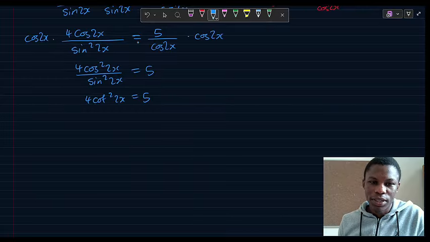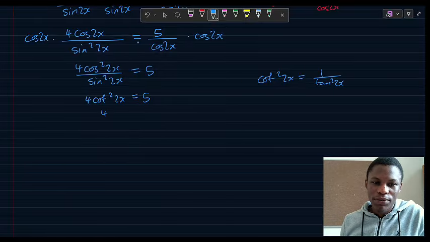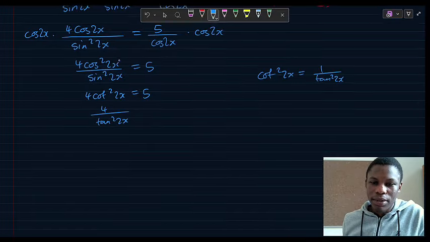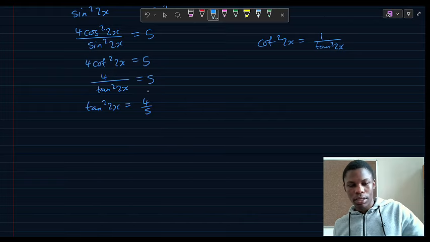I know that cot squared 2x is equal to 1 over tan squared 2x. Feels like we're going in circles. So that's 4 over tan squared 2x, and now we can make tan the subject of the formula. So tan squared 2x is equal to 4 over 5.